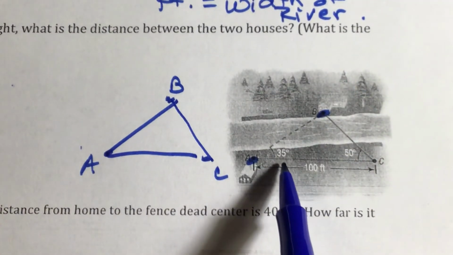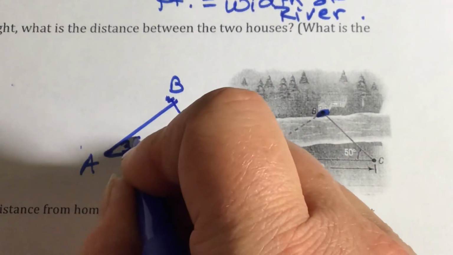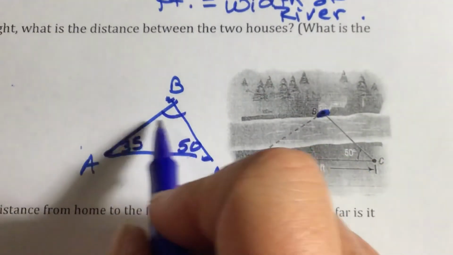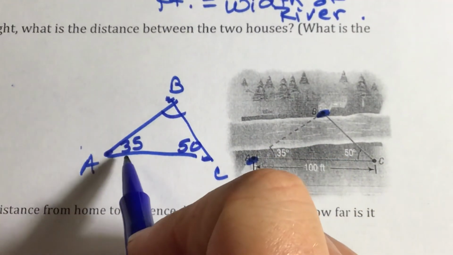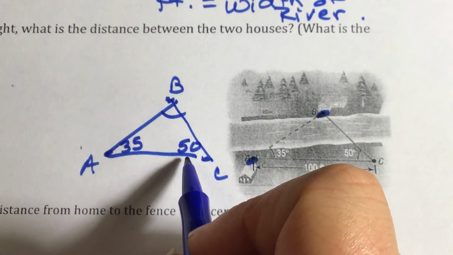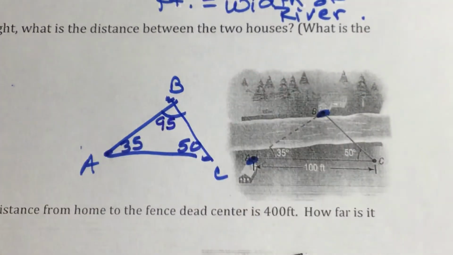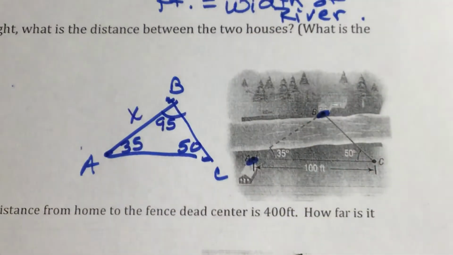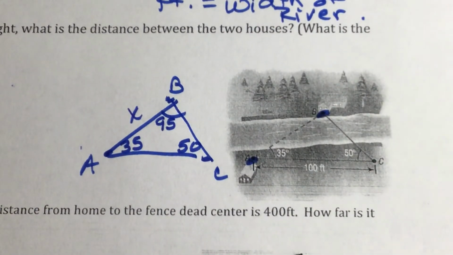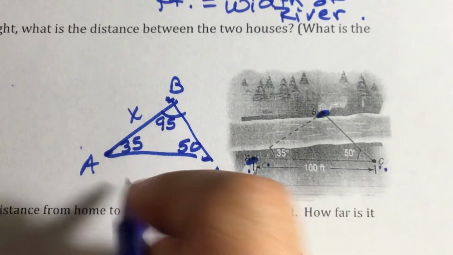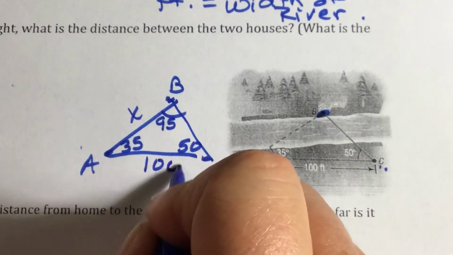I do know that this angle is 35, this angle is 50, and I can figure out this angle here. 35 and 50 is 85, so this angle is 95, so that they add up to 180. So this is what I want to find. Oh, and by the way, I do know the distance between these 2 houses is 100.